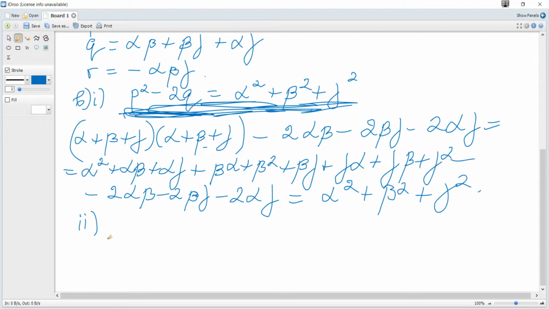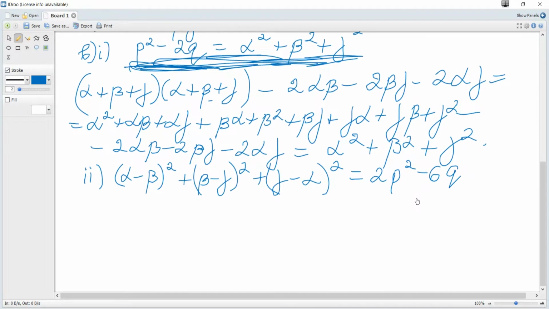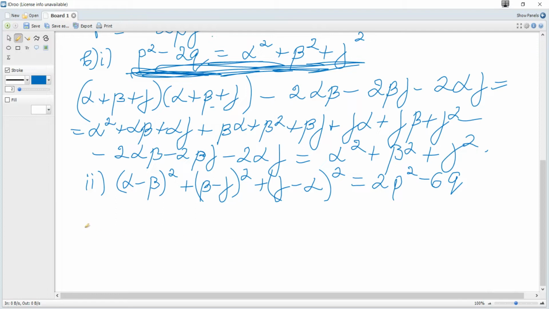B ii, hence show that alpha minus beta squared plus beta minus gamma squared plus gamma minus alpha squared is 2p squared minus 6q. 3 marks. Let's expand the left hand side.